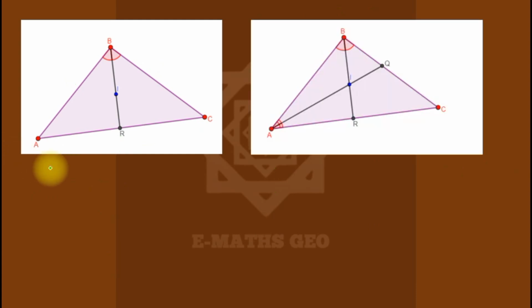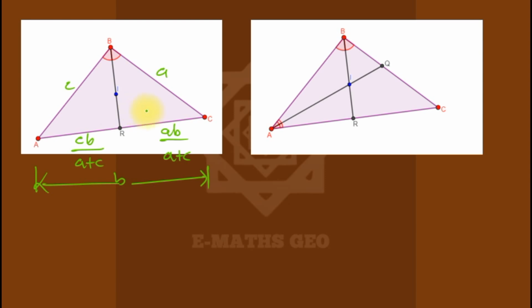The length here is C, this is A, and here will be CB over A plus C, and here is AB over A plus C. If you add these, we still get B, the total length.